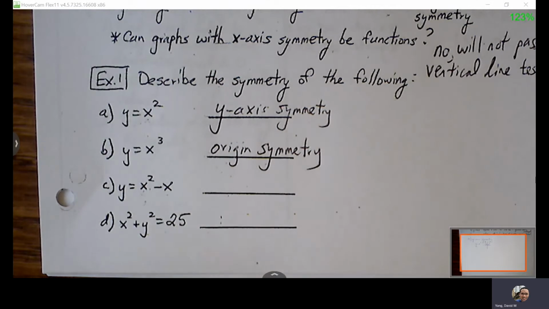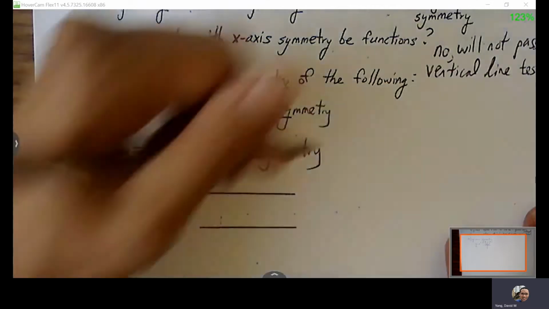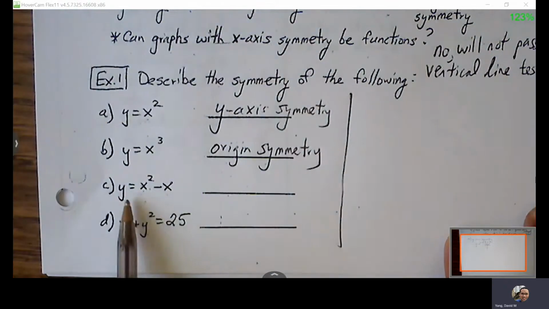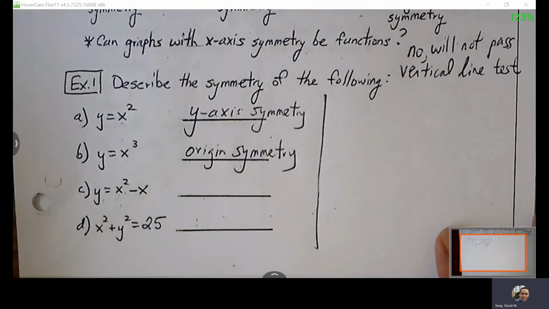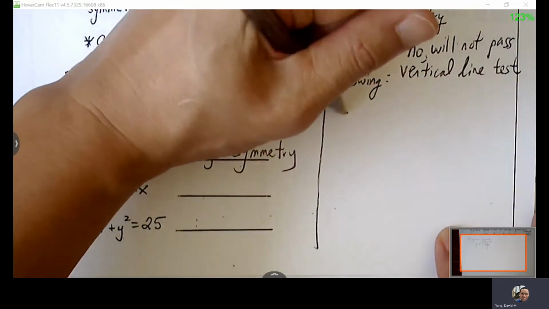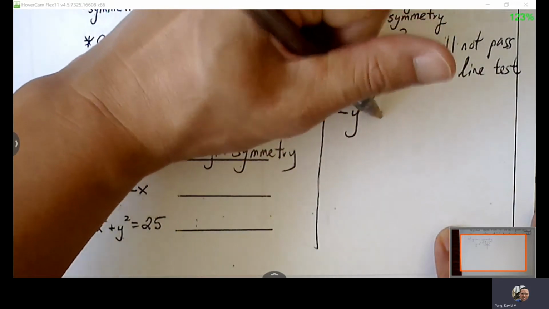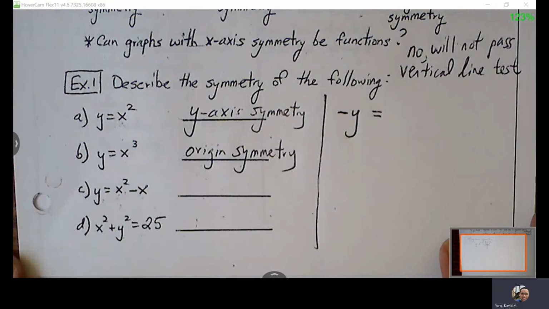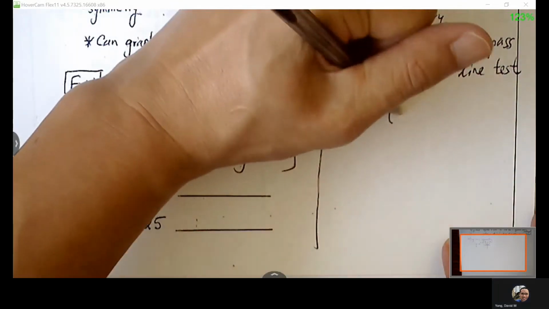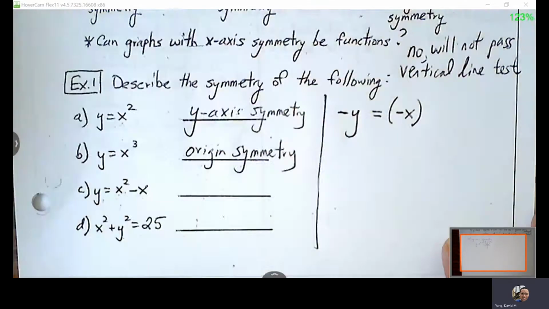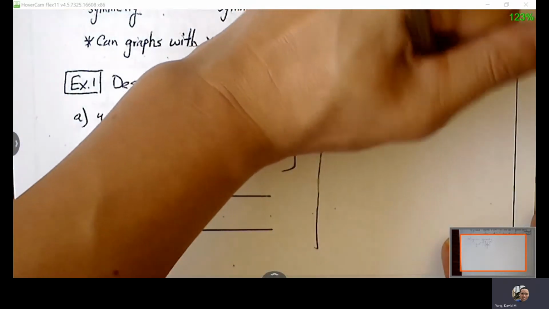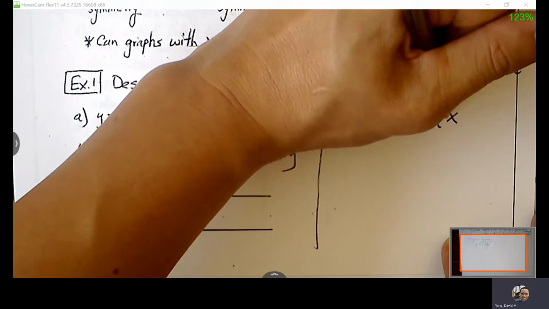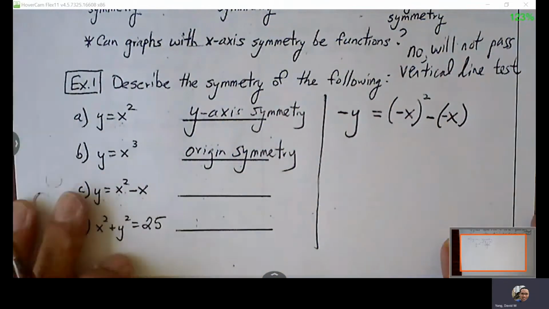Okay, what about the third one? What about origin symmetry? Okay, so origin symmetry, I'm going to replace the x's and the y's with negative y and negative x's, and let's just see what happens there. So I'm going to take every variable, replace it with the negative version of itself, and then we're just going to work our way through and see if we can convince ourselves whether we're back to our starting point or whether we have something different.